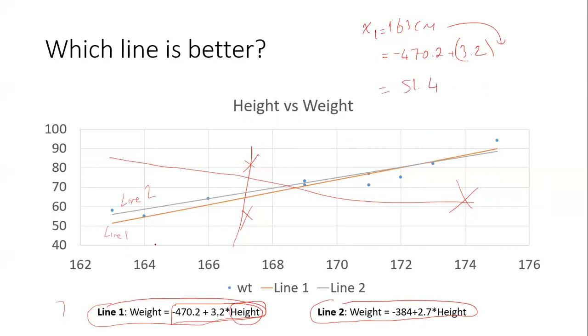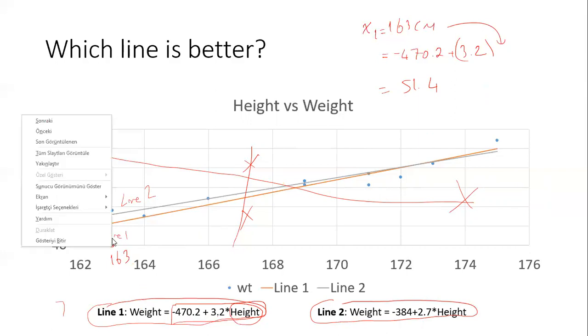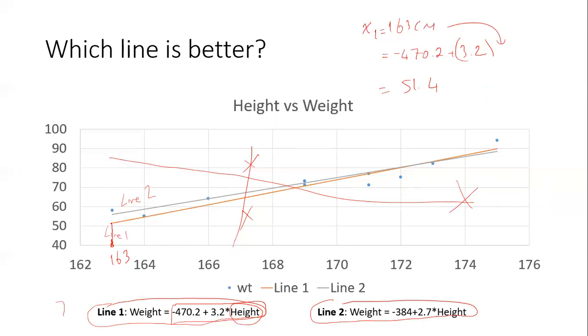So what is this? This is 163, and line 1 is the orange line. If you move directly up, this is where it hits the line. This is 51.4. Okay, this is 51.4.